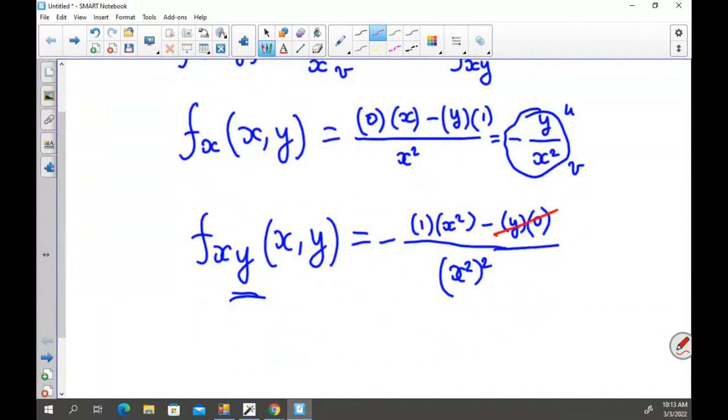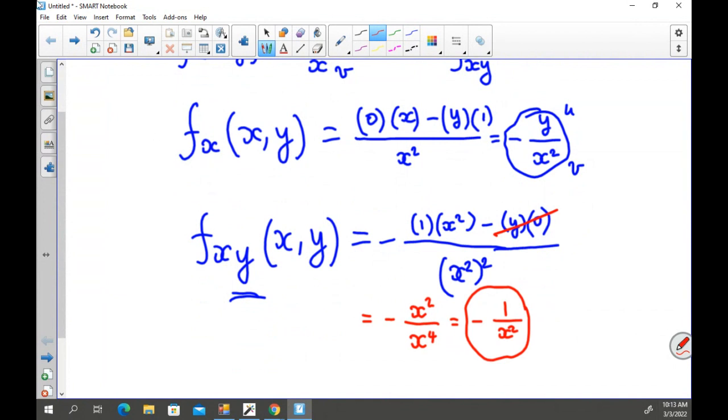So in the end, this will be 0. So you will see that you will get minus x squared over x to the power of 4. So in the end, the final answer is minus 1 over x squared, which is perfectly okay.